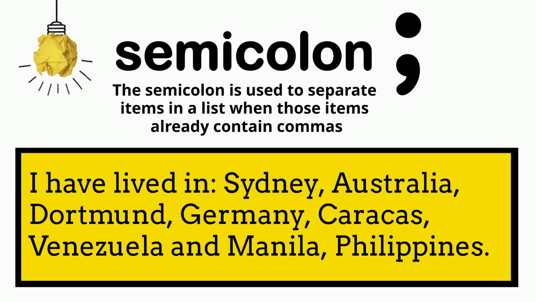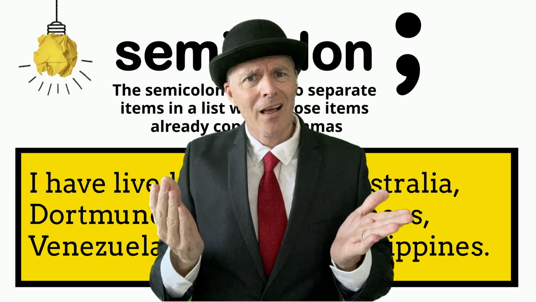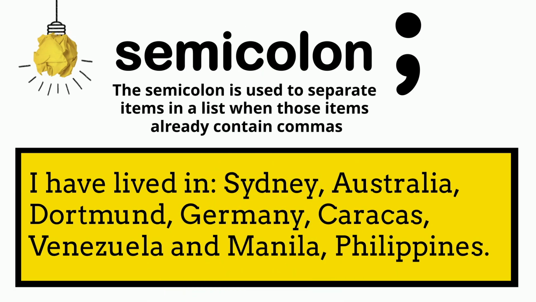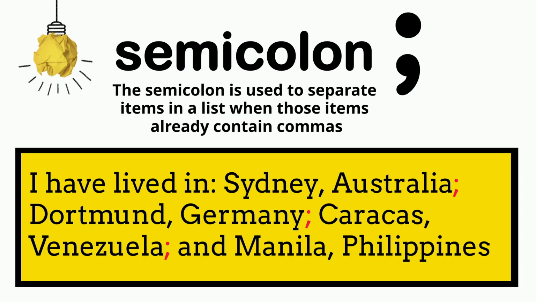I need commas in between each city and country. However, if you don't know where these places are, it would be a really confusing sentence. Here's where a semicolon is useful. Because my list needs commas to punctuate it, I can use semicolons to separate each of the items on the list. That looks much clearer.